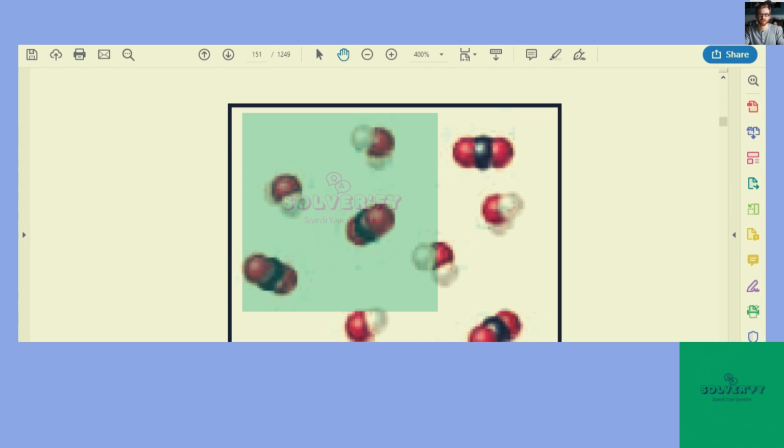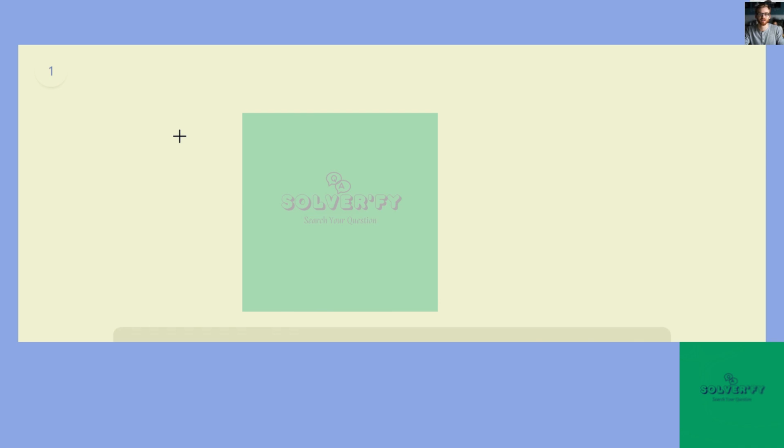So if we write down the structural formula for each compound, for CO2, C is in the center, and we have two oxygen on two sides of this. That means the CO2 formula is like this, which is linear. And in case of H2O, we have oxygen in the middle, and we have two hydrogen on two sides of it.